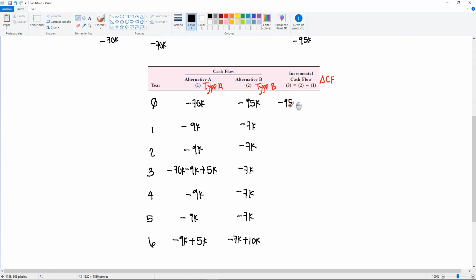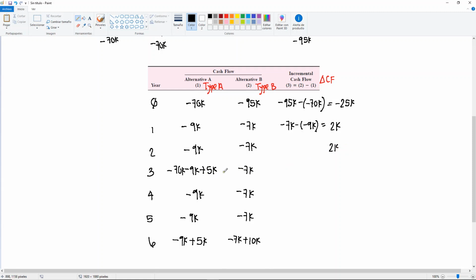Minus 95,000 minus 70,000 gives us minus 25,000. Then minus 7,000 minus minus 9,000 gives positive 2,000. This is the same, so I'm just going to put the 2,000 here.